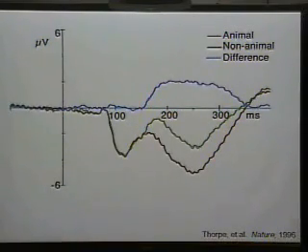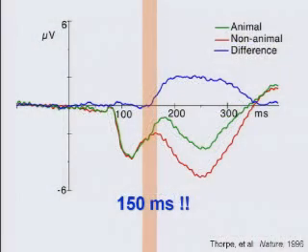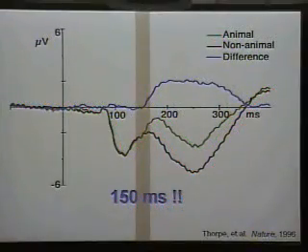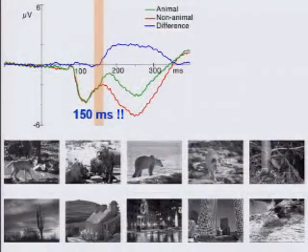And what's really phenomenal is the difference, the blue curve. He sees in the human brain, as early as 150 milliseconds, there is a signature that differentiates already high-level categorical information of complex and novel natural scenes. And this phenomenon is not affected when color is taken away.